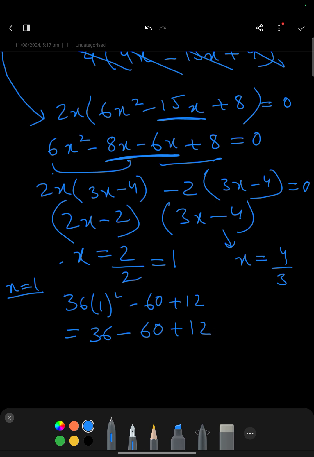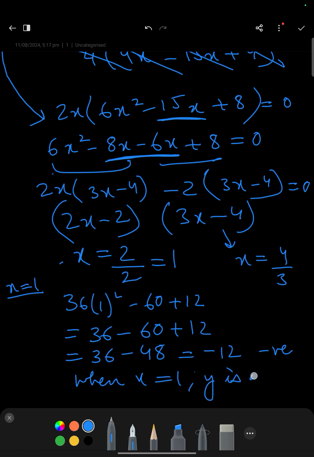So let's calculate. 60 minus 12 will be 48, so it will be 36 minus 48, and 48 minus 36 will be 12. So it will be minus 12, that is negative. So when x is equal to 1, y is at maximum.